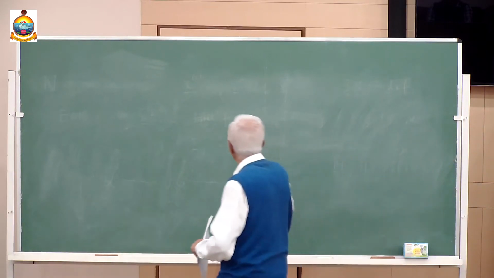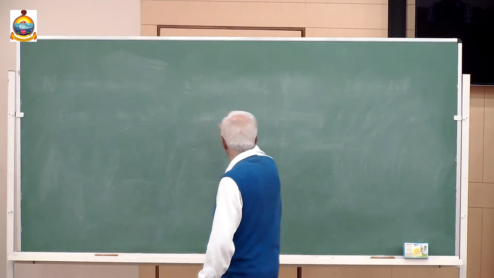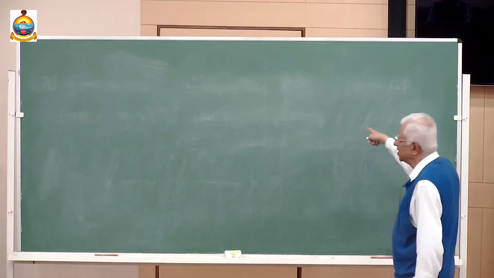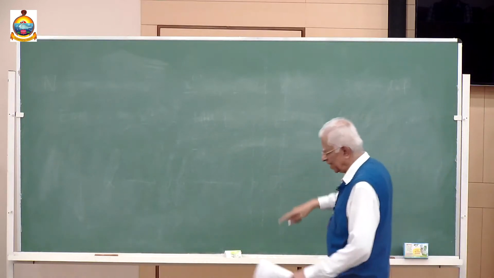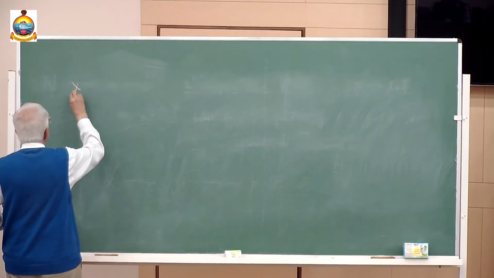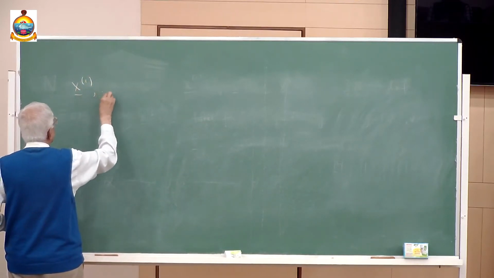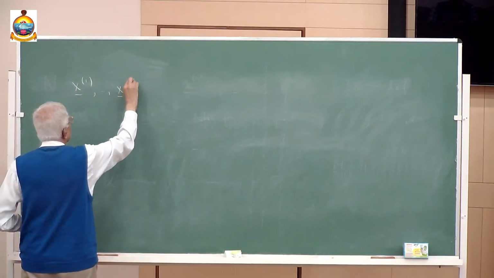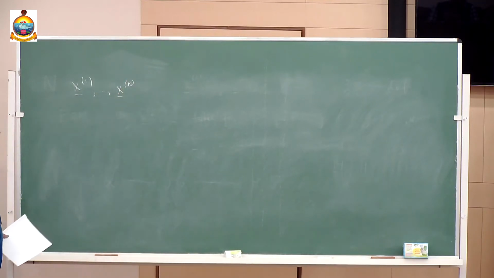So, I will write the equations of motion in the Newtonian form, which you can see faintly on the board, in a simpler notation. We have capital N three-dimensional Cartesian vectors.